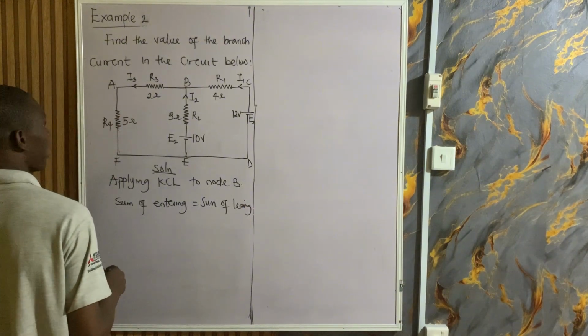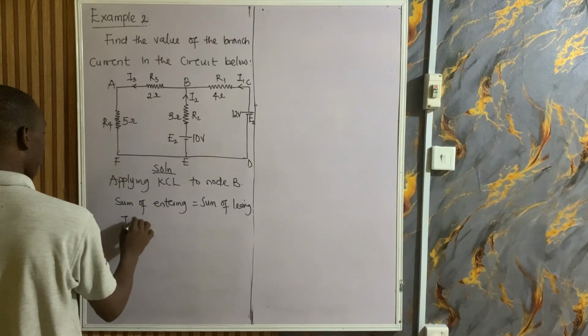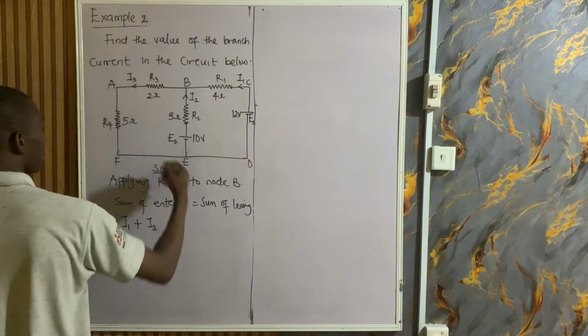So the entering here is I1 and I2, so I1 plus I2 is equal to the leaving here, which is I3.